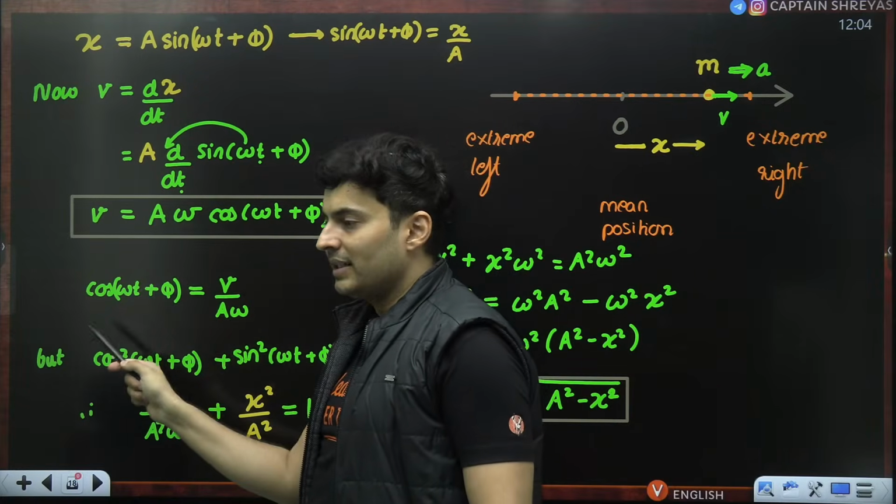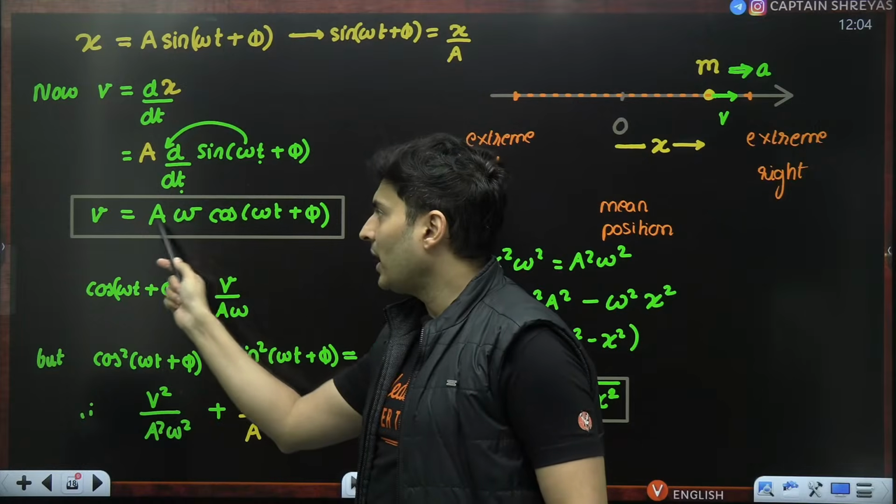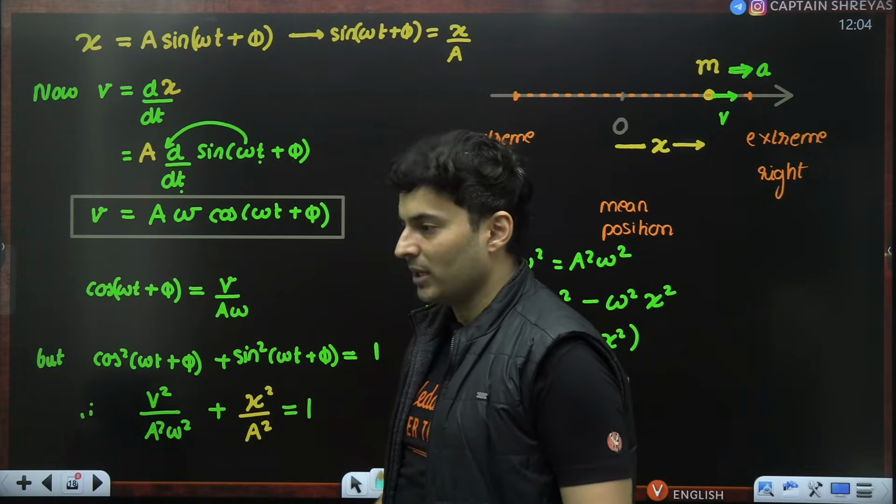So the velocity magnitude, which is the speed, can maximum go a omega into 1 times, can least go a omega into 0 times.